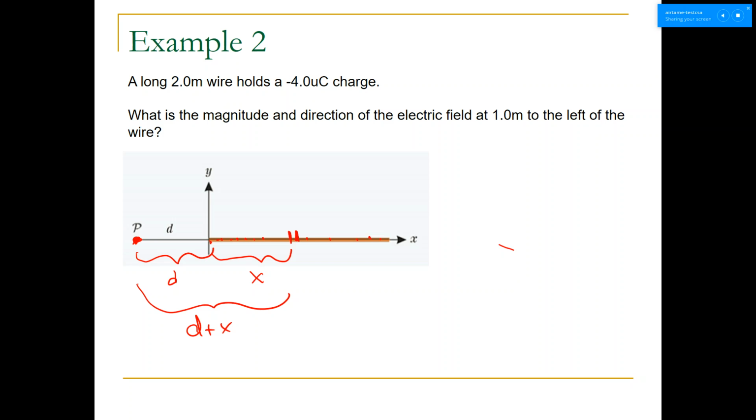Any other question? I arbitrarily took a point, but we're going to integrate so that we get all of them.